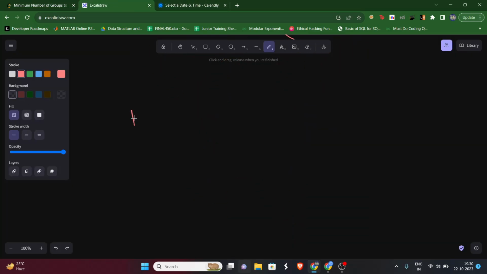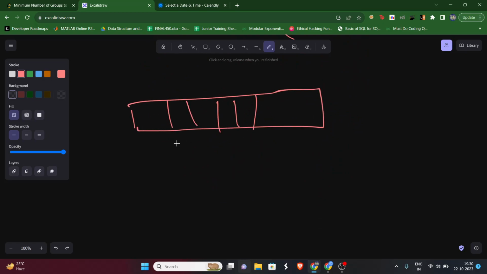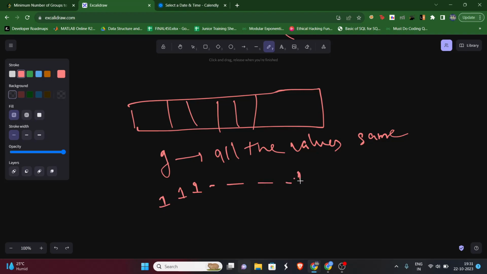First of all, what we know is we have an array, and for any group, all the values will be the same. Now, let's say we want to just partition it without considering the minimum number of groups, then we can simply divide every person into a group of size 1.